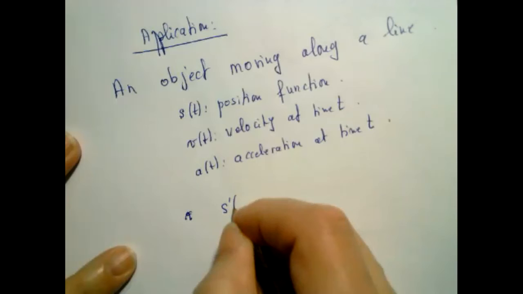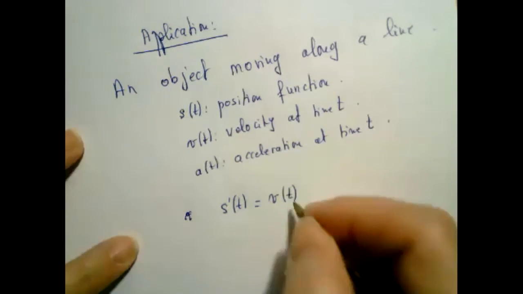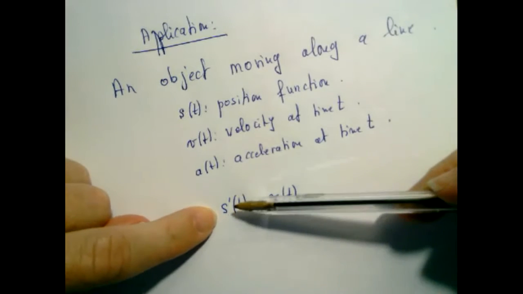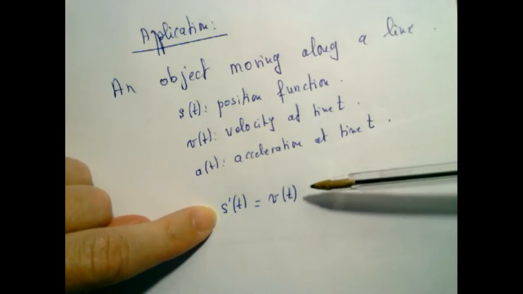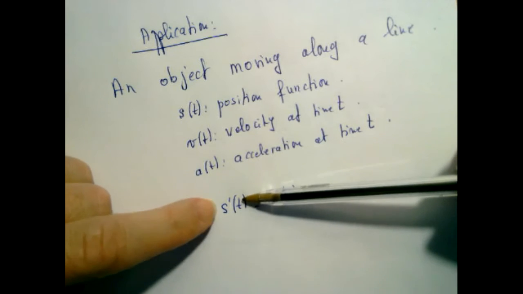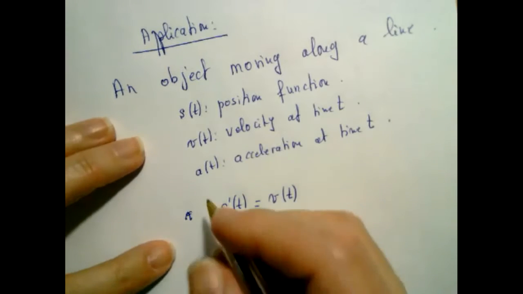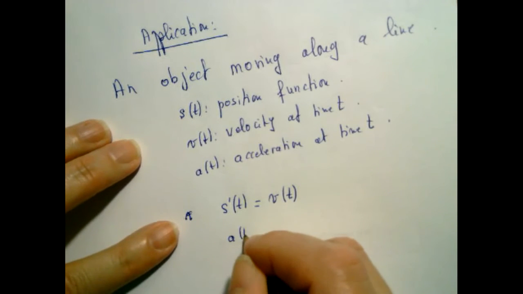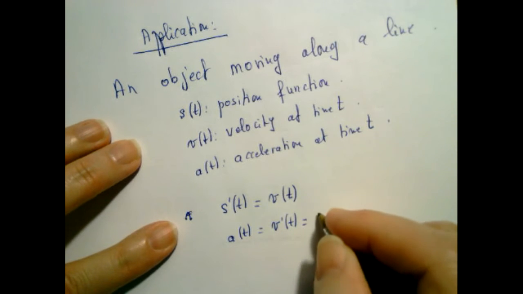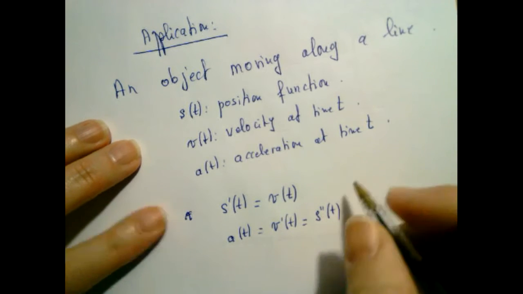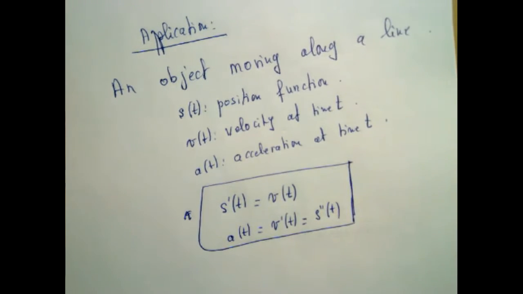The derivative of the position function, the change in distance over a short period of time, gives me the velocity. And the acceleration is the derivative of the velocity, or the second derivative of the position function.